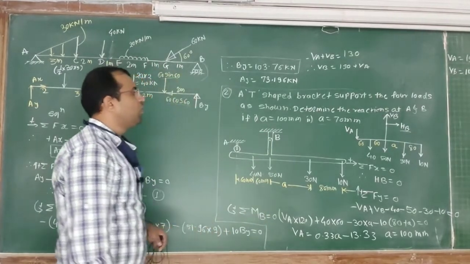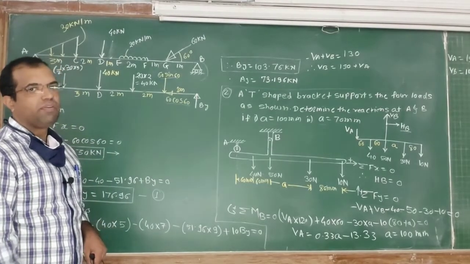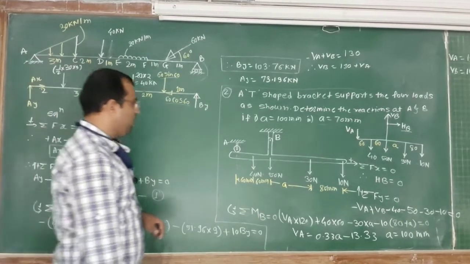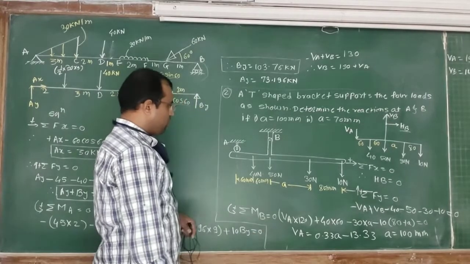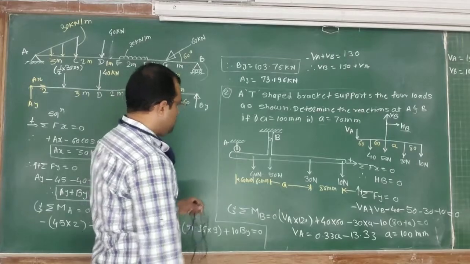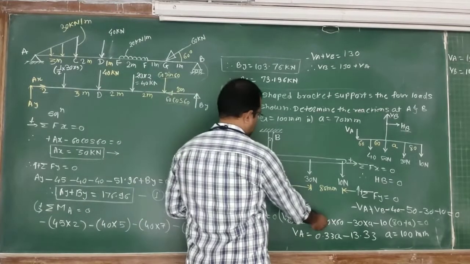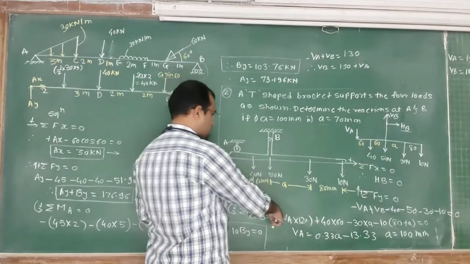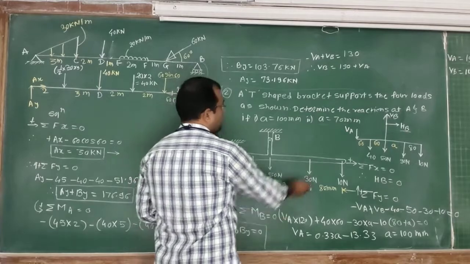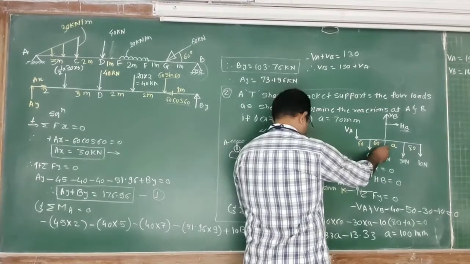Now for that we have to apply the third equation, that is condition of moment, and equate it to 0. So I take the moment about point B and equate it to 0. So moment about point B, that is VA into 120 plus 40 into 60. Here the moment is counterclockwise, therefore VA into 120 is positive, then 40 into 60.